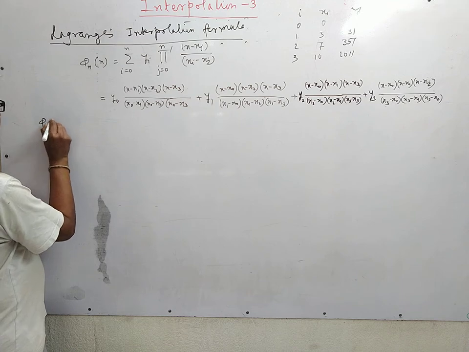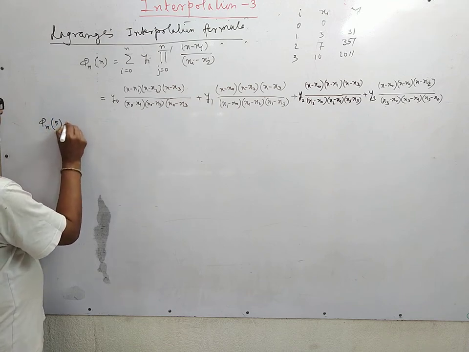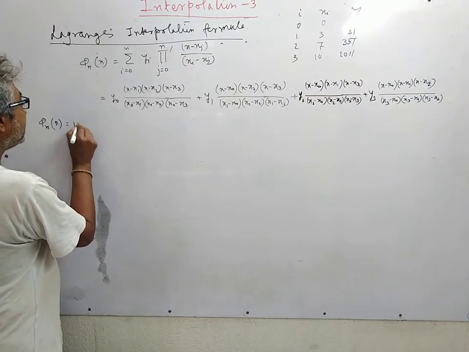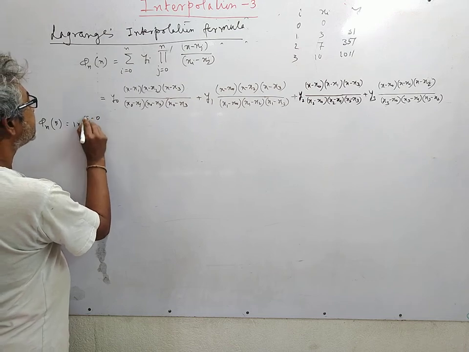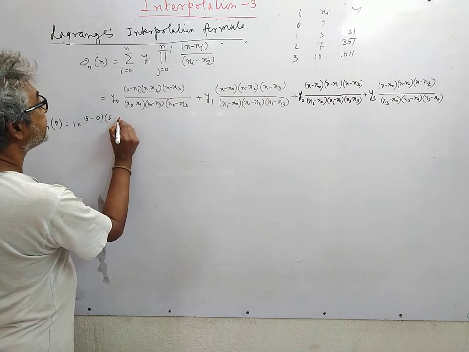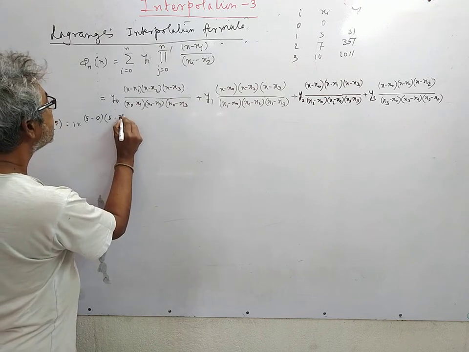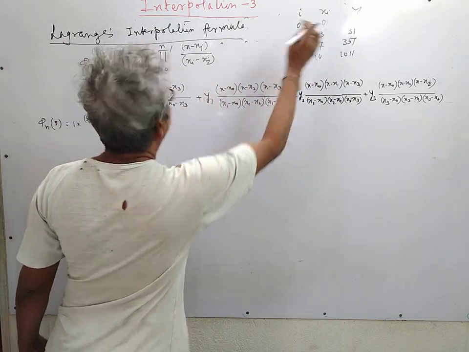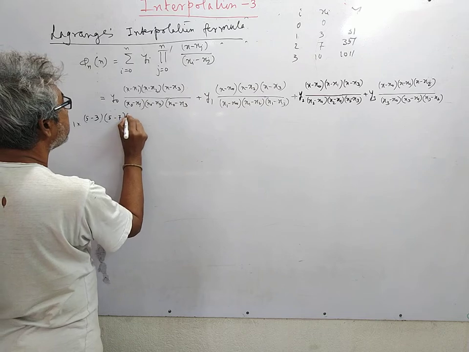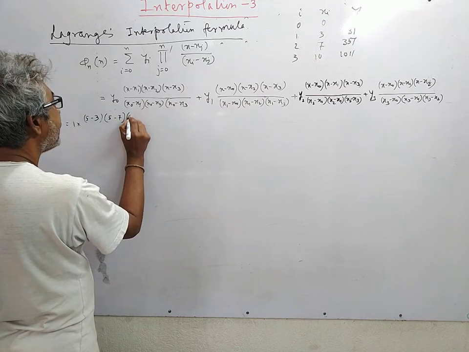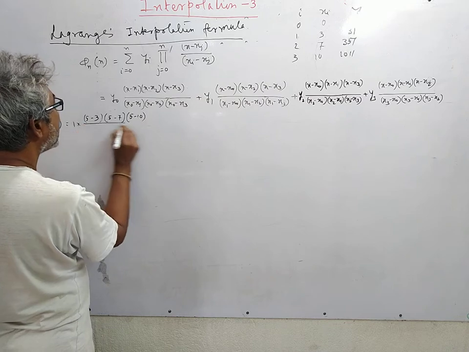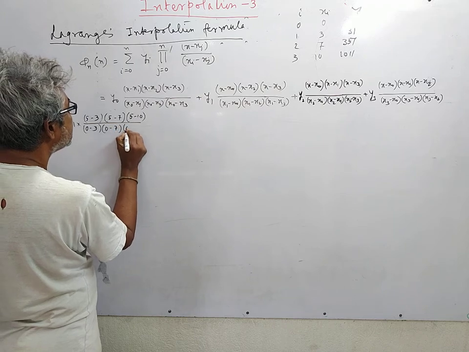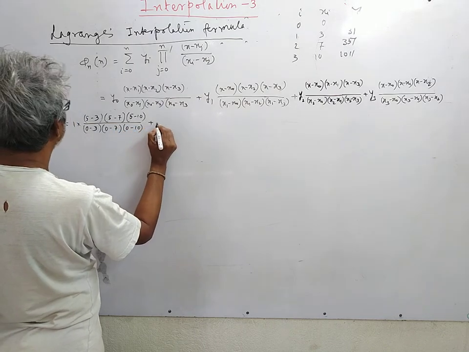If we write this value, this becomes phi n at x equal to 5. So y0 is 1 into (5 minus 1)(5 minus 3)(5 minus 7)... sorry, (5 minus 3)(5 minus 7)(5 minus 10), divided by (0 minus 3)(0 minus 7)(0 minus 10), plus y1.